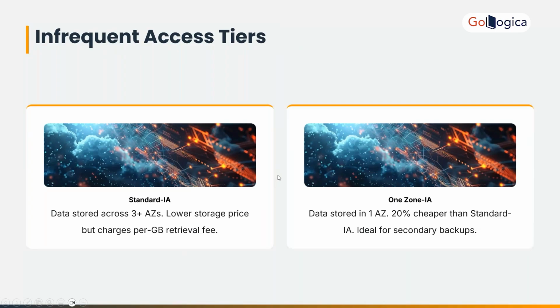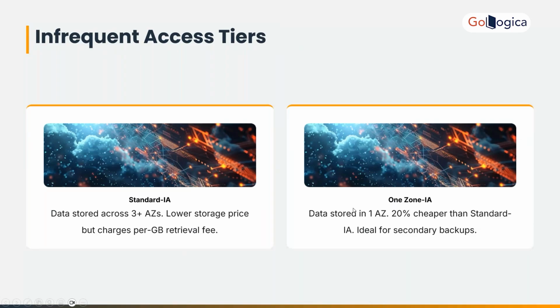So if you are accessing them infrequently, you can pay that retrieval cost. But if you start using them frequently, you should go for the frequent access tier. A per GB retrieval fee will be applied here again for One Zone-IA.